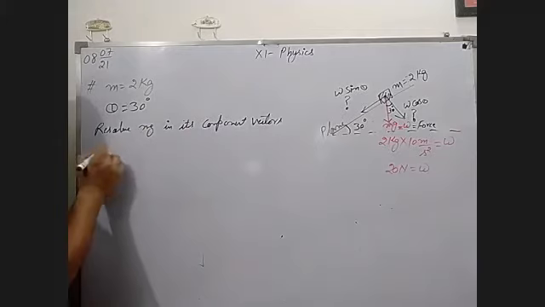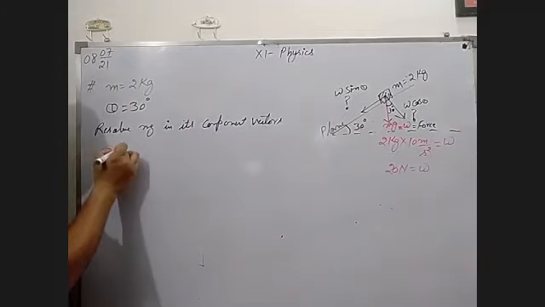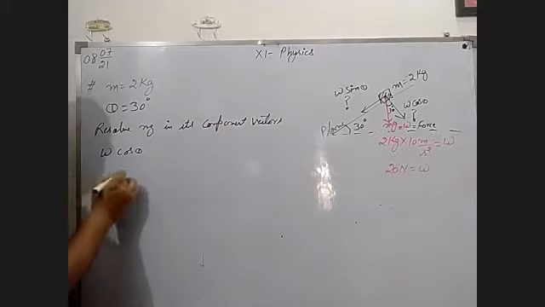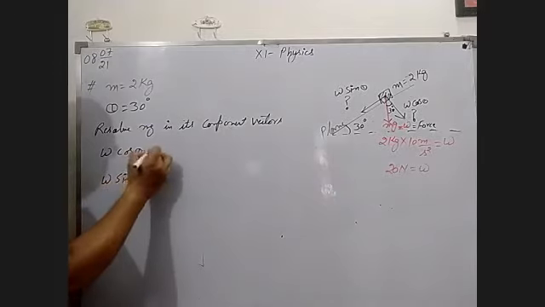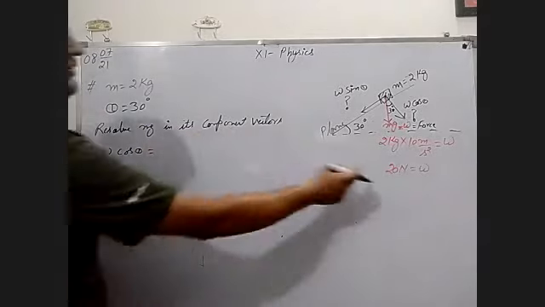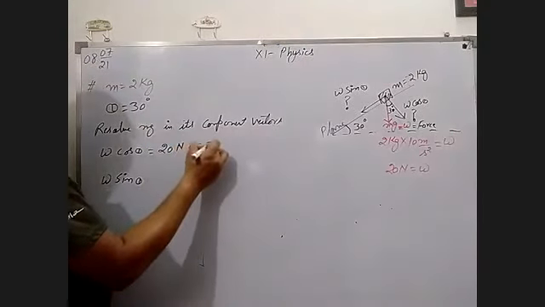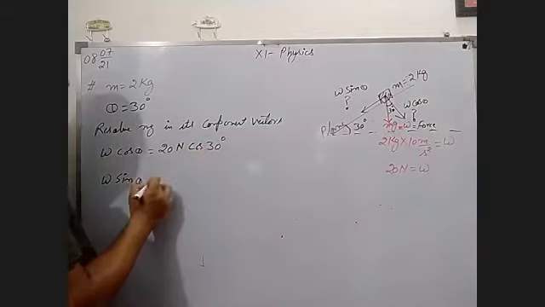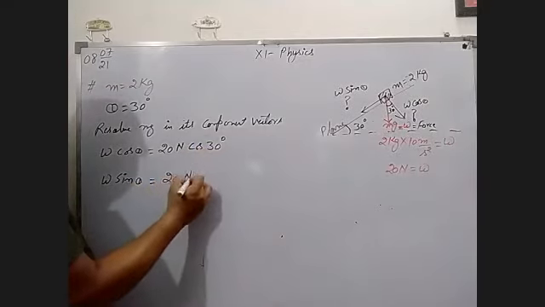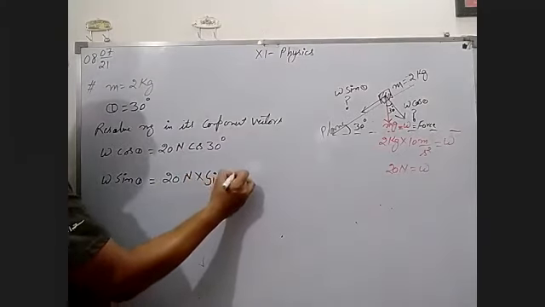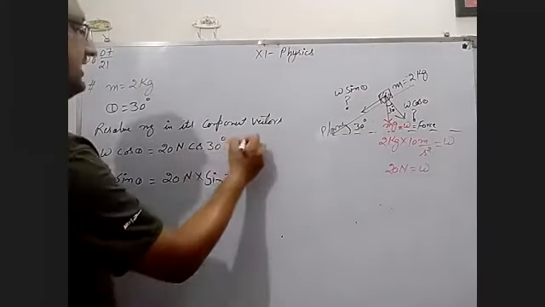Now W cos theta is perpendicular to the plane, and W sin theta is along the plane. What is the value of W? 20 Newton. Cos theta, 30 degrees. Here W is 20 Newton. Sin 30 degrees. Now what is 20?